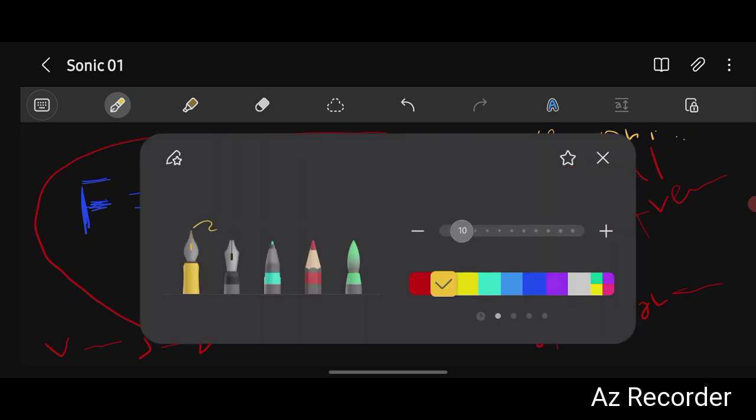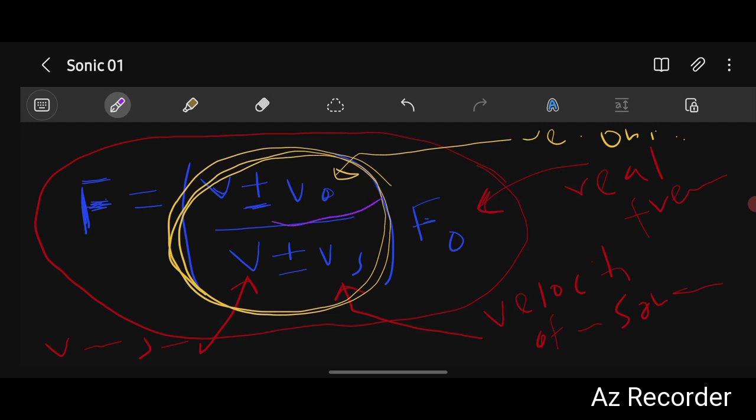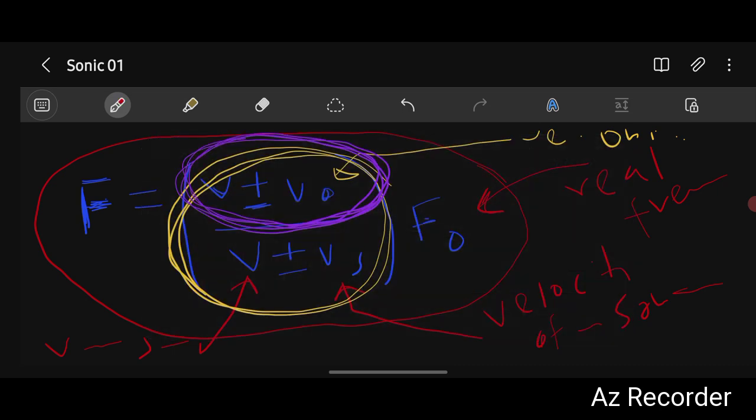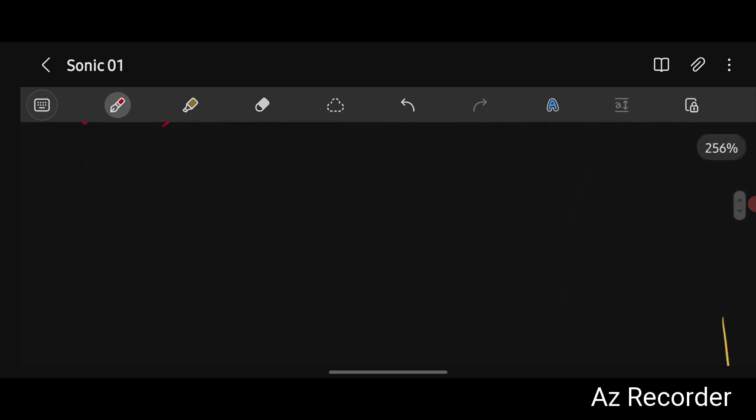This whole part is the relative velocity of the observer, and this part is the relative velocity of the source. This is the general Doppler's effect equation.